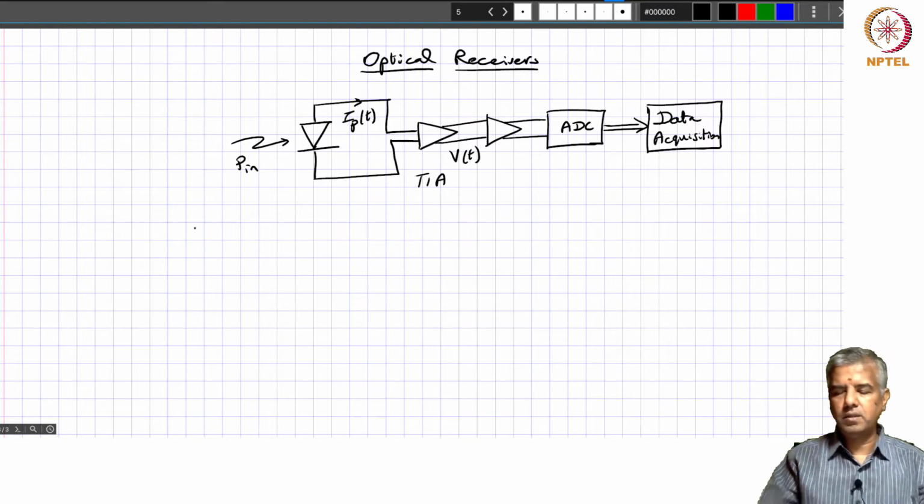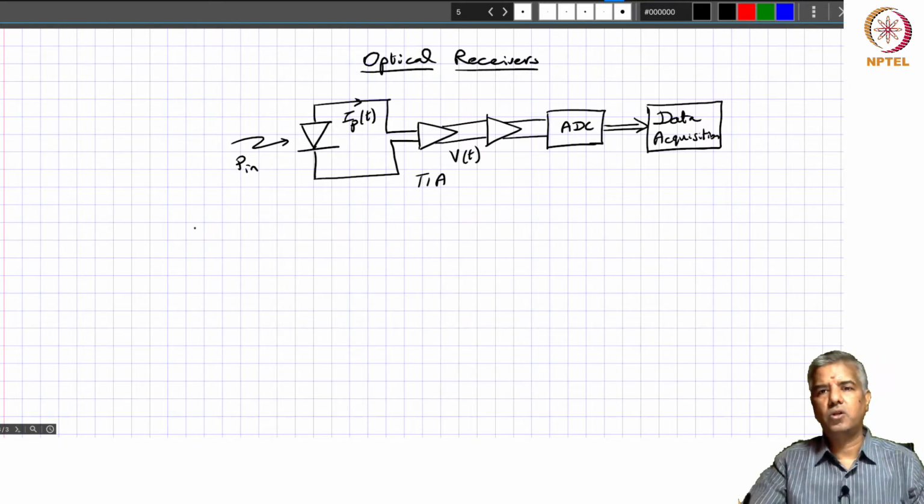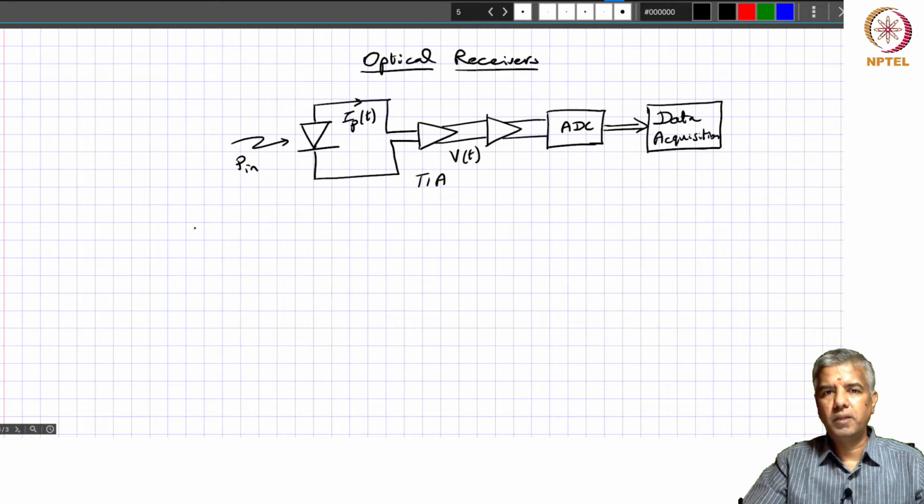Okay, so this entire chain constitutes the optical receiver.